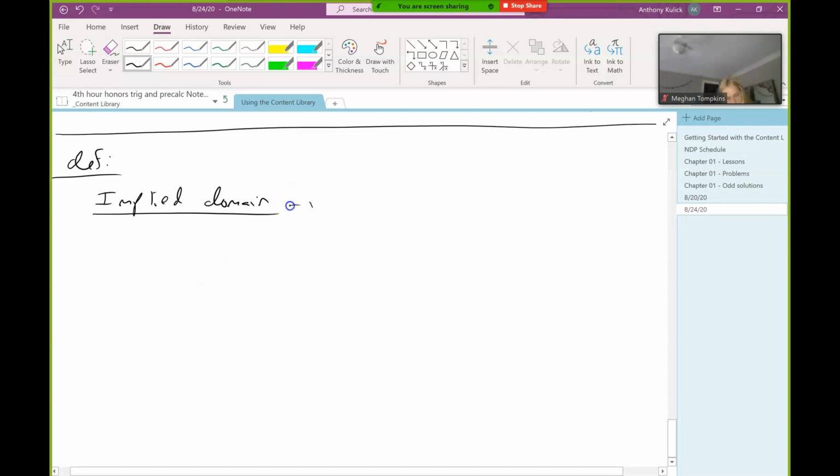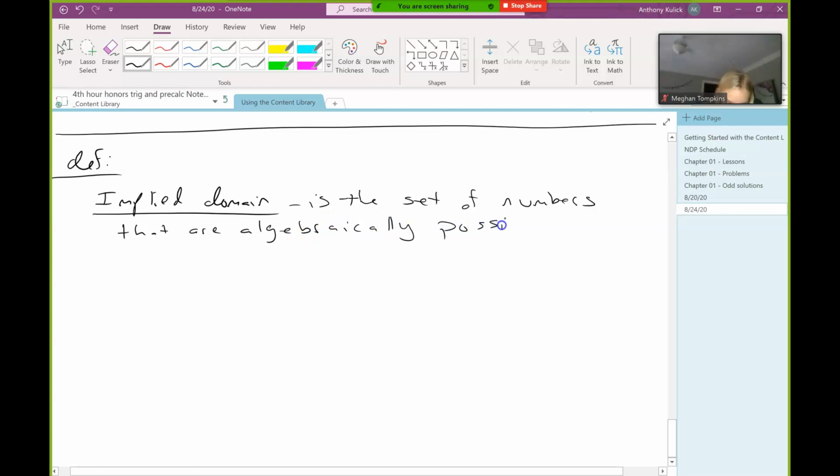The implied domain is the set of numbers that are algebraically possible from the given function.